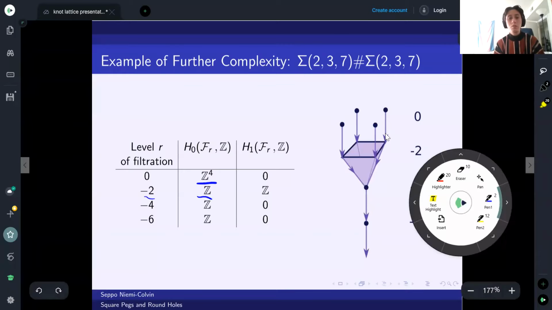At -2, those will become 1 connected component, which I've illustrated here using a single square, but that connected component will actually have an interesting 1 cycle, which I find really interesting because we're approximating these ellipsoids that don't have any interesting 1 cycles, but we're able to get them here by having an integer lattice that's askew. Then at the level of filtration -4, we get back down to 1 connected component with no 1 cycles, and that continues on.